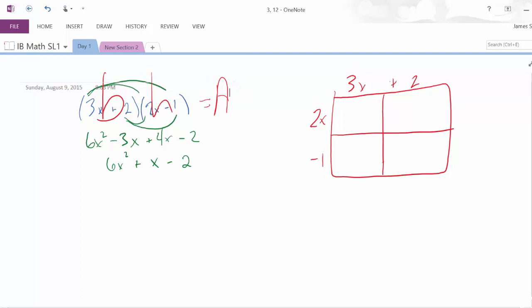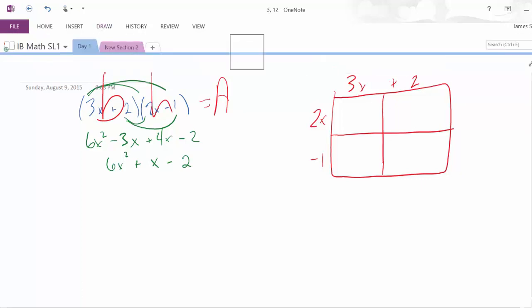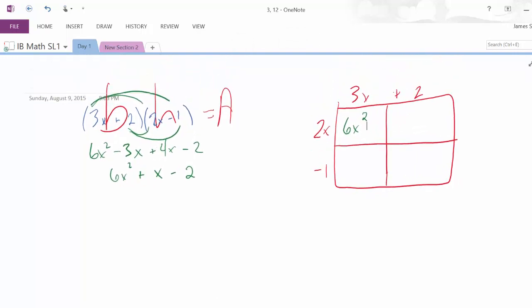And what we can do is find the area of each of these small boxes. The area in this top left box is going to be 6x squared. The area in the top right, we would do 2x, which is this side here, times 2. Across the top, we have 4x.